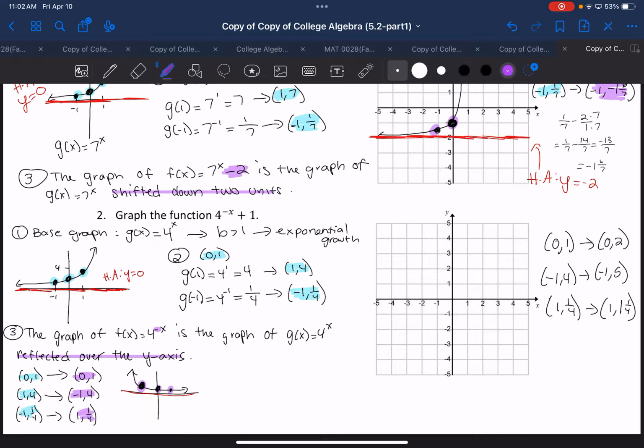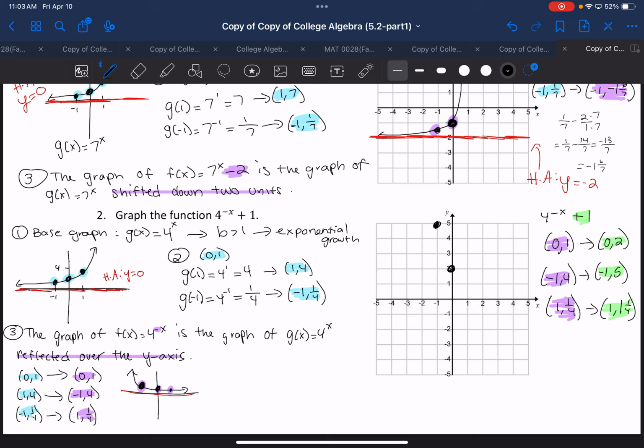So again, I'm just taking those purple points that I just found on the previous transformation to find my new points of my final graph for the 4 to the negative x plus 1. Because now I am adding 1 to the y coordinates. So 0, 2 would be right here. Negative 1, 5 would be here.